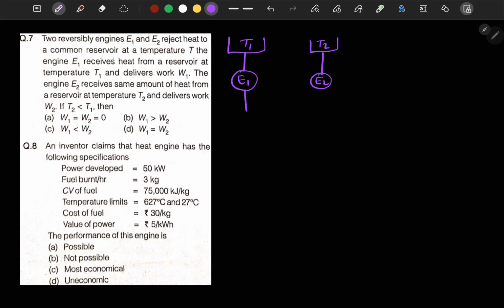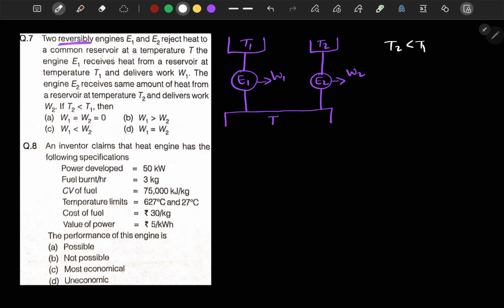This engine supplies work W1, this supplies work W2, and since both are reversible engines, and here it is mentioned that T2 is less than T1.